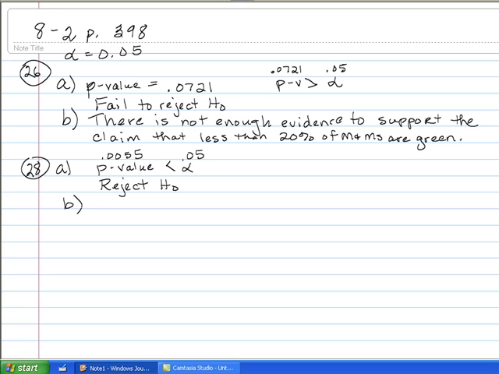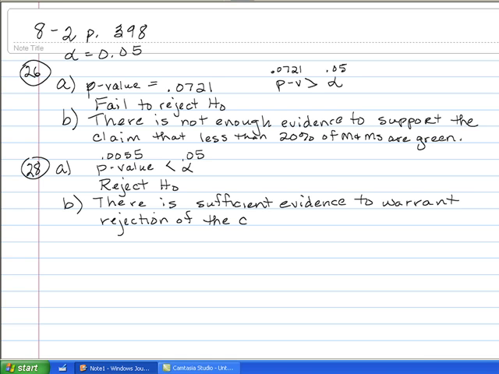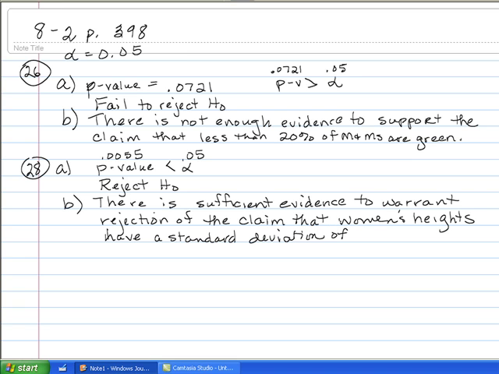So we want to say there is sufficient evidence to warrant rejection of the claim that women's heights, notice how we're taking this from the claim itself, have a standard deviation of 5.00 centimeters, or equal to 5.00 centimeters.